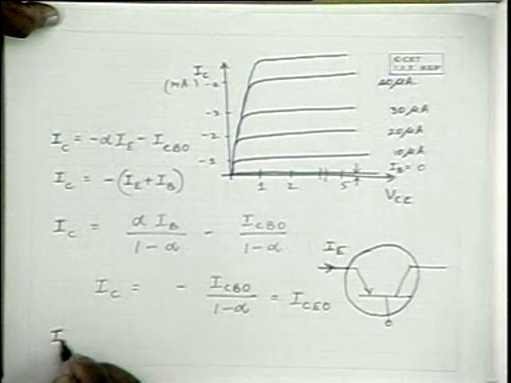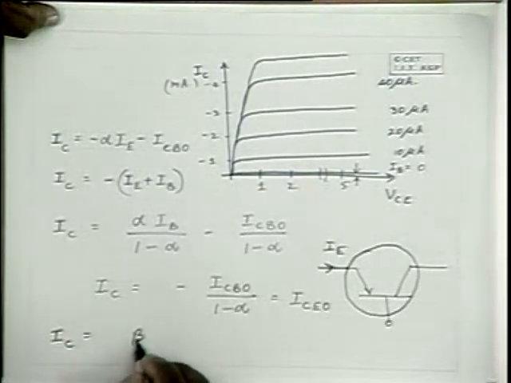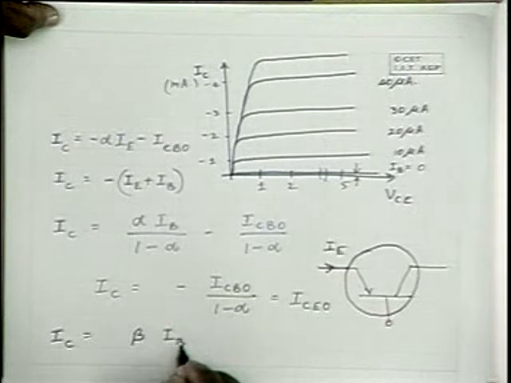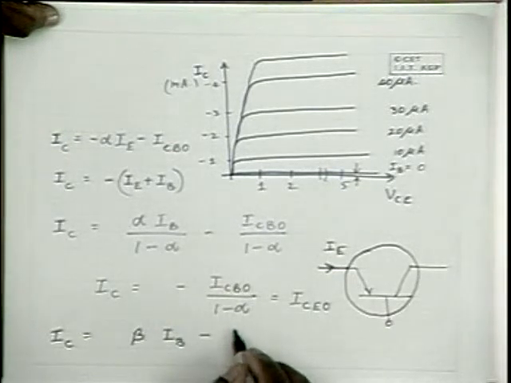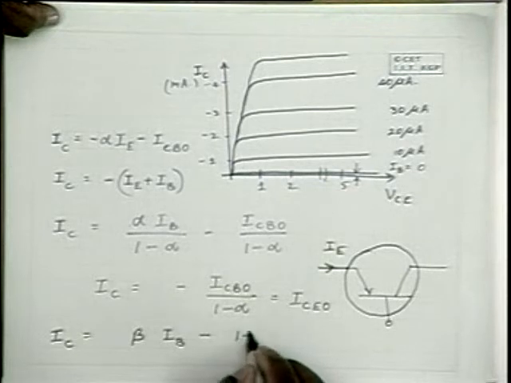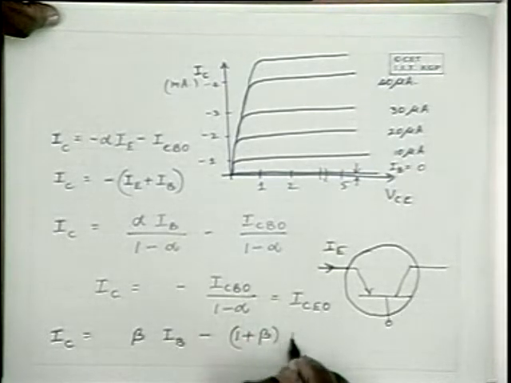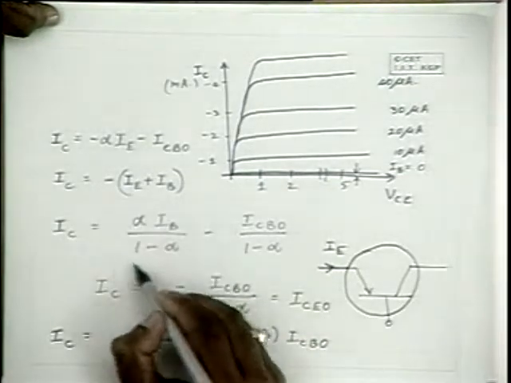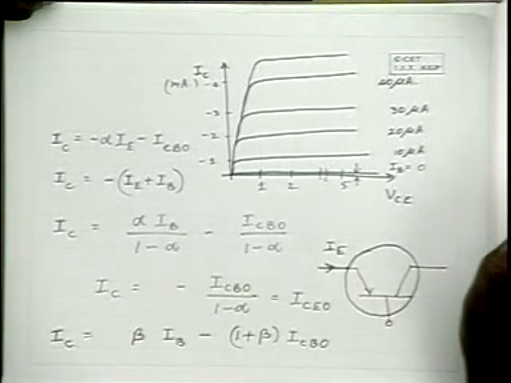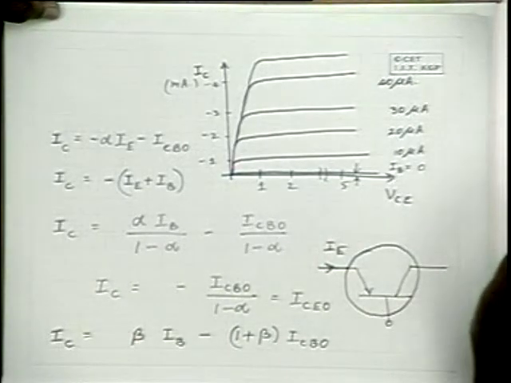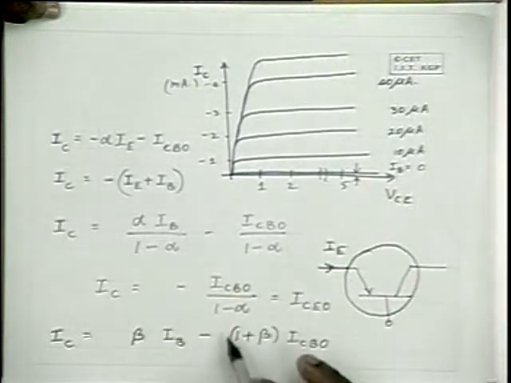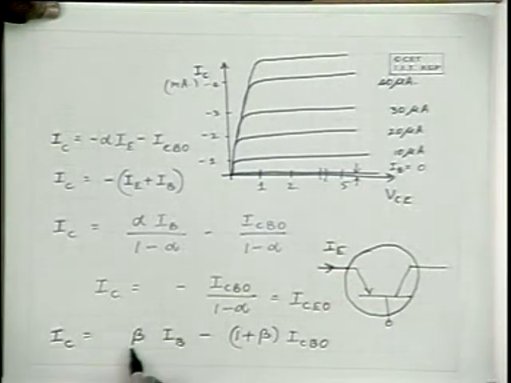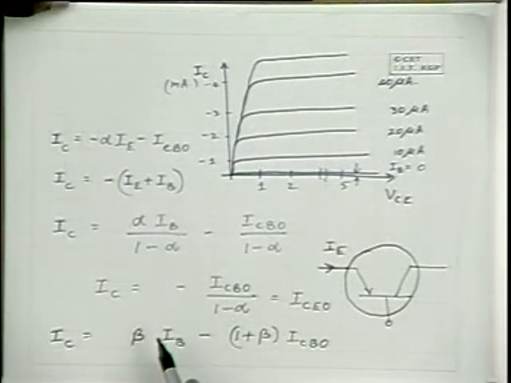I can rewrite it as beta times IB minus (1 plus beta) times ICBO, where beta is equal to alpha by 1 minus alpha, in which case 1 by 1 minus alpha is going to be 1 plus beta. I am defining a new term, beta. This is known as the DC current gain of a common emitter amplifier.